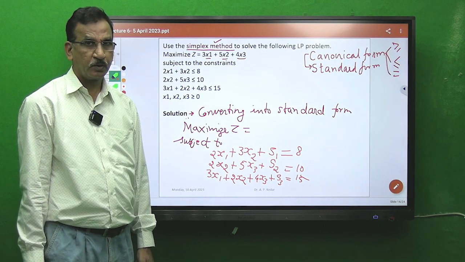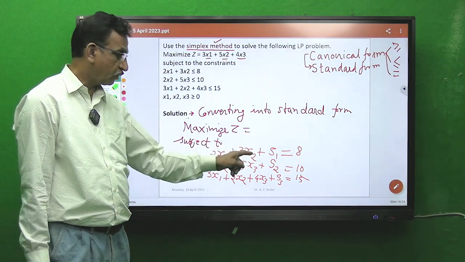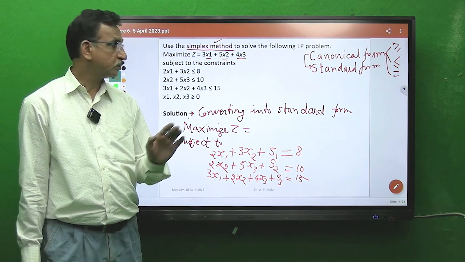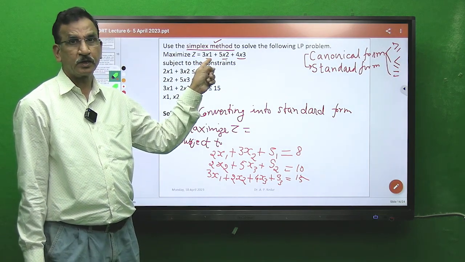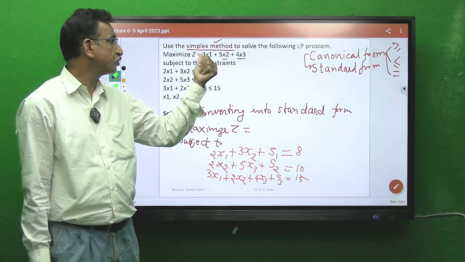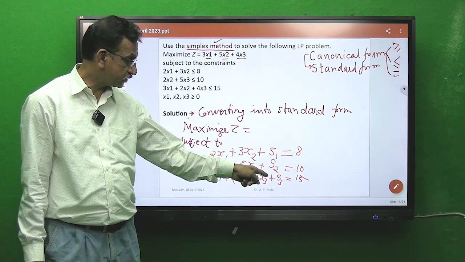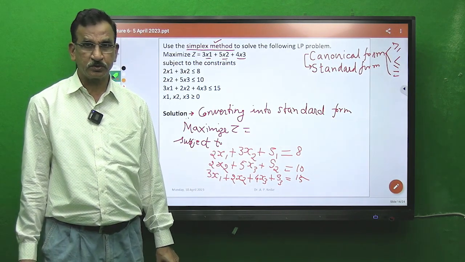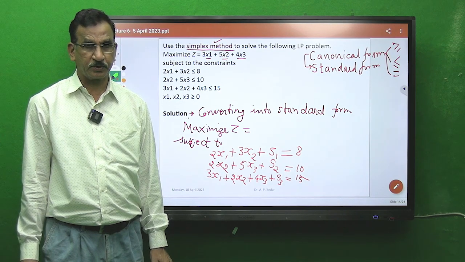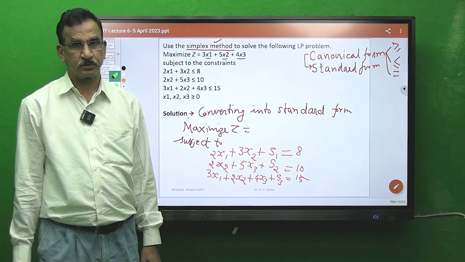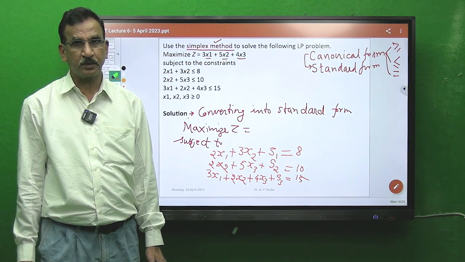Now we know that we are not interested in the value of S. We are only interested in the value of x1, x2, x3 as a solution to this problem. These S1, S2, S3 are fictitious variables. They are not in existence. Like dummy, we can say they are like dummy.